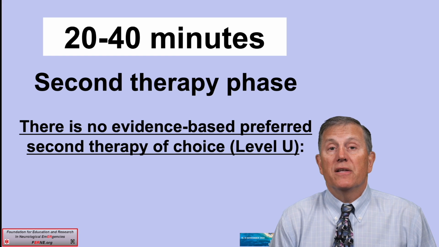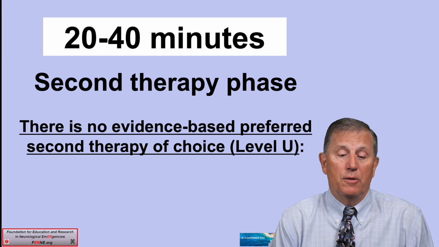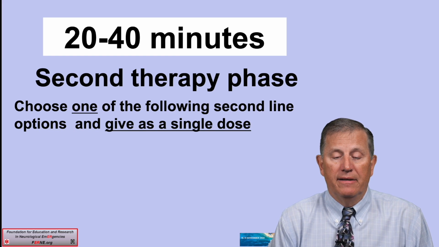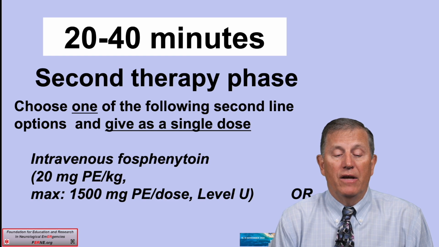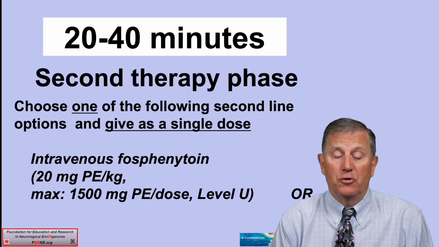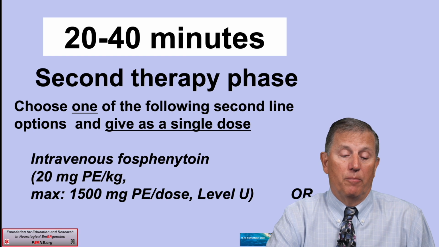So, since there is no preferred second-line medication, any one of these can be chosen and given as a single dose. The first is the option to give intravenous fosphenytoin at 20 milligrams of phenytoin equivalents per kilo. The maximum dose is 1,500 milligrams PE per dose, again without support that this is superior to other therapies.